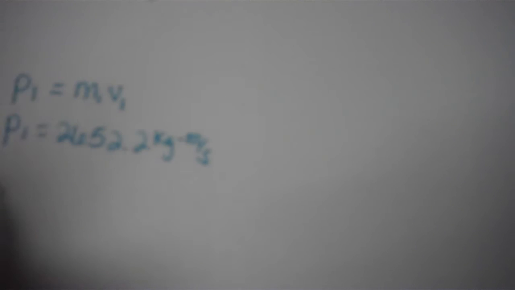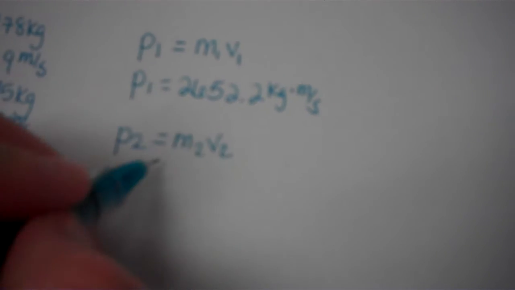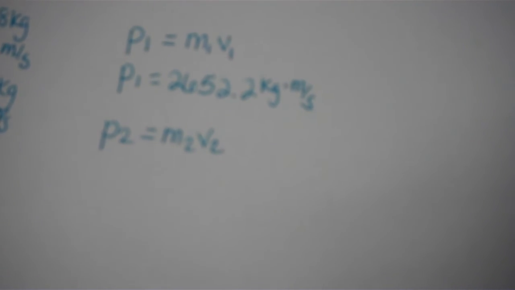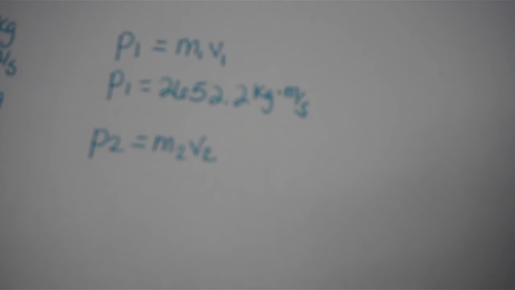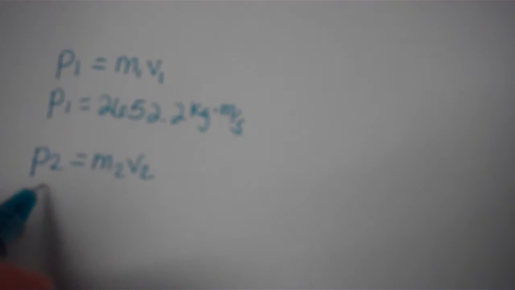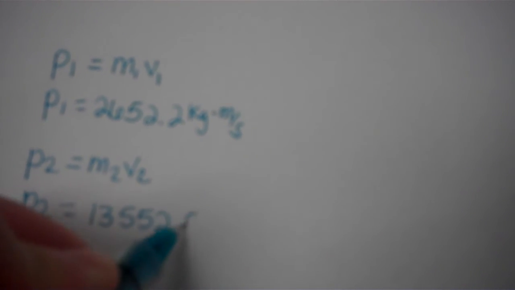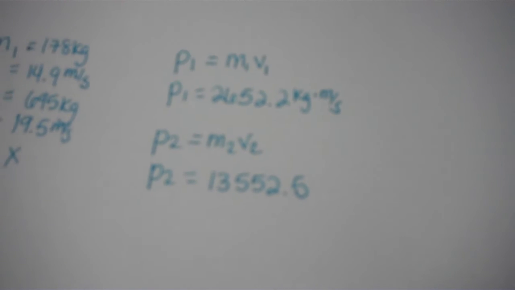Then we have the momentum of the second object, P2 is equal to M2V2. So we get mass 2, 695 times the velocity of 19.5, and we get momentum of object 2 as 13552.5.